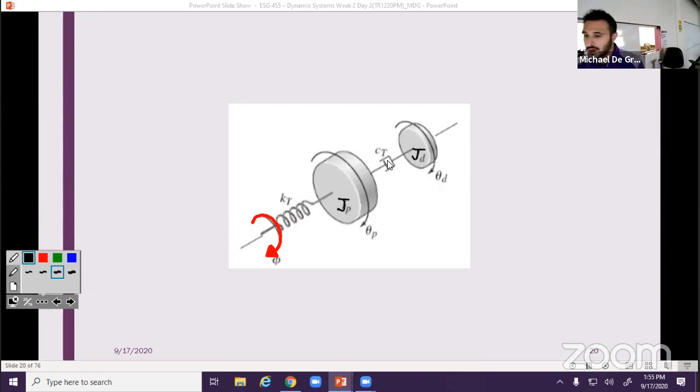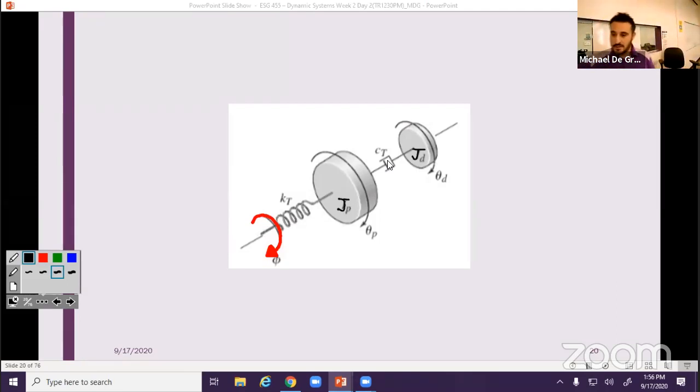But what if we wanted to talk about this locally? What do I mean by that? Well, what if I only wanted to analyze the front half, the spring and J_P? Is that okay? Yeah, that's fine. Maybe you only want the dynamic response of part of your system for some reason, right? Maybe you want to see specifically how that output is affected by that input.